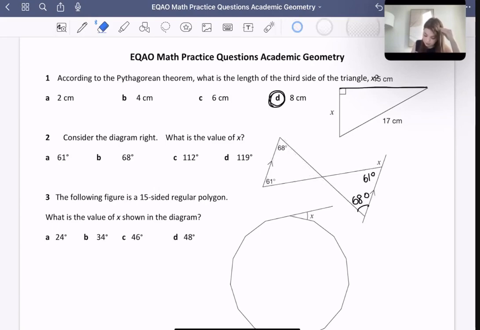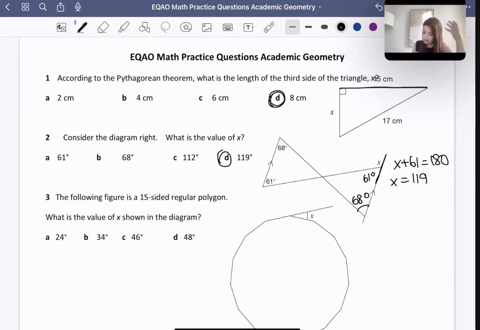And so what would x be? Well, we know that x and x plus 61 must get us to 180, right? X plus 61 equals 180. So therefore x would be 119, right? So 119 is going to be the answer.